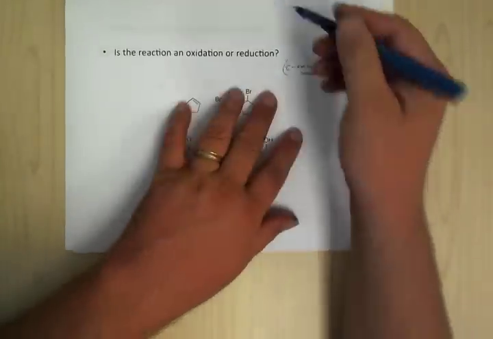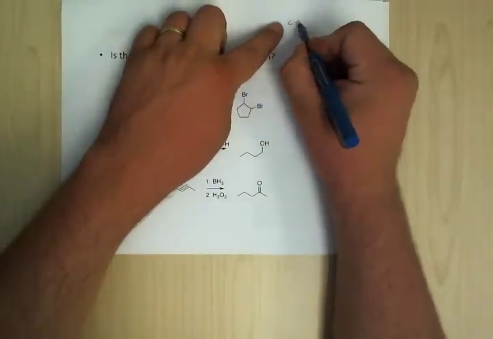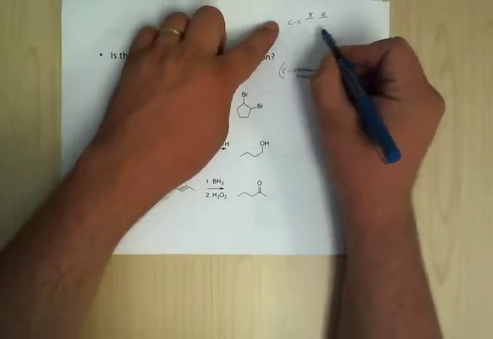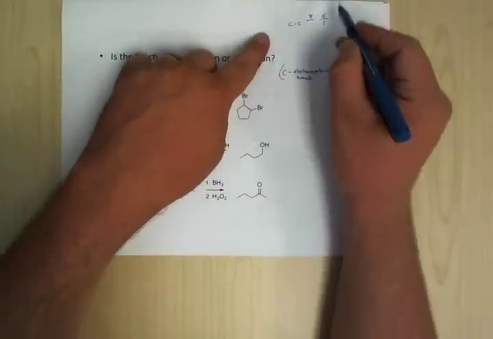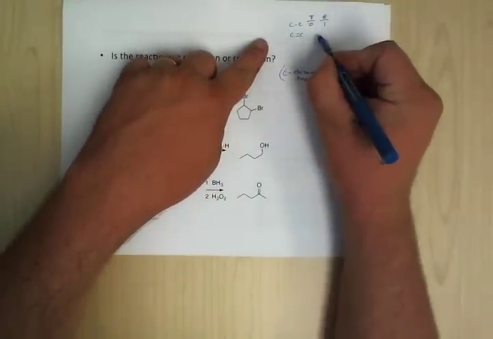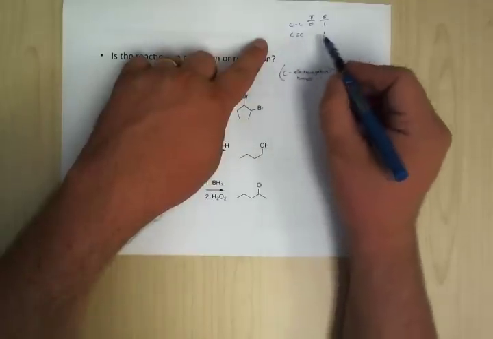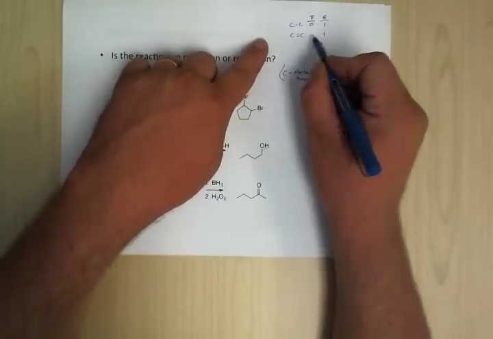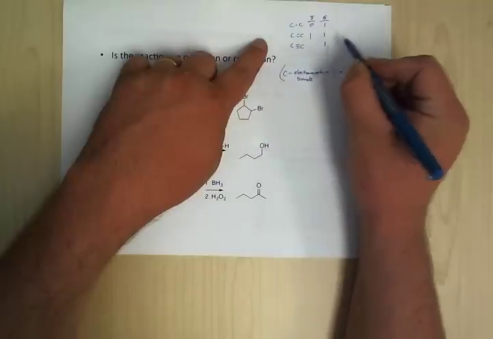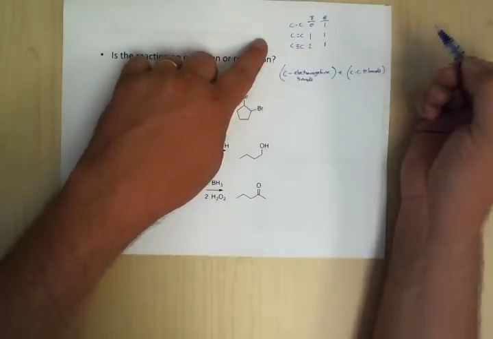So if you have a carbon-carbon single bond, it has one sigma bond and zero pi bonds. A carbon-carbon double bond has one sigma, that's the first one that always gets laid down, but then each additional one is going to be a pi bond. So this has one. A carbon-carbon triple bond has one sigma bond and two pi bonds.